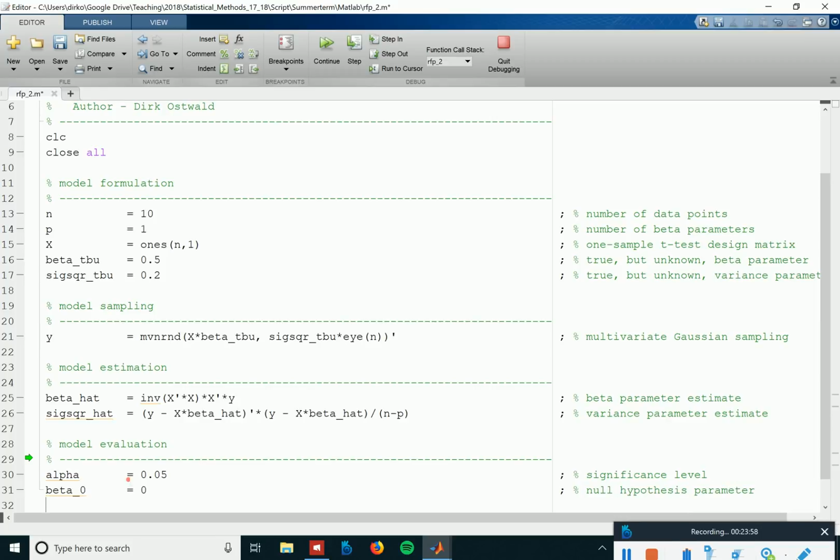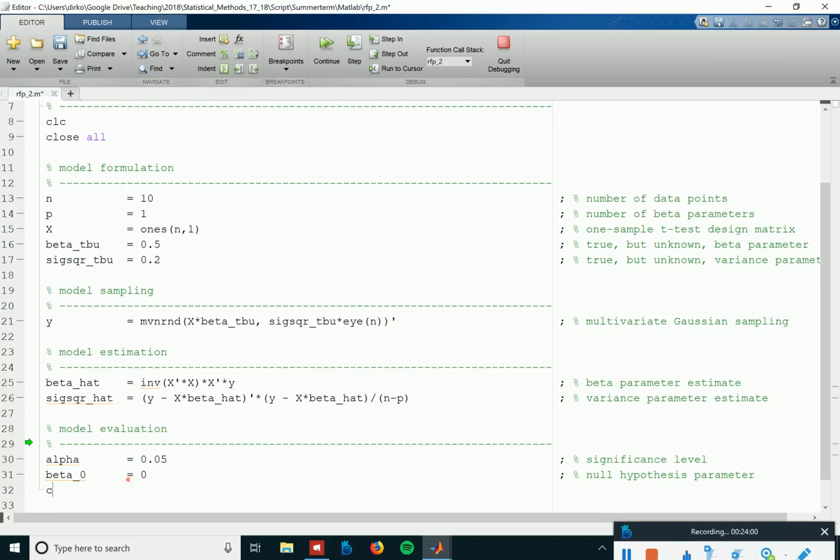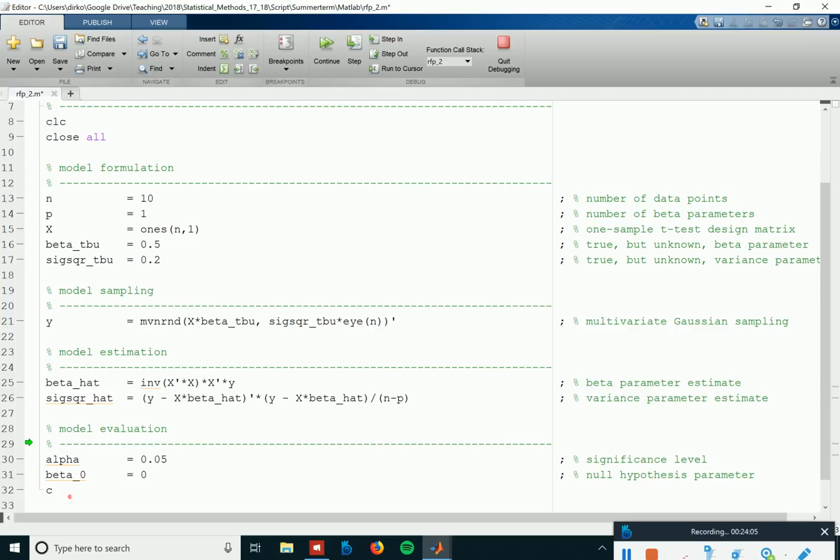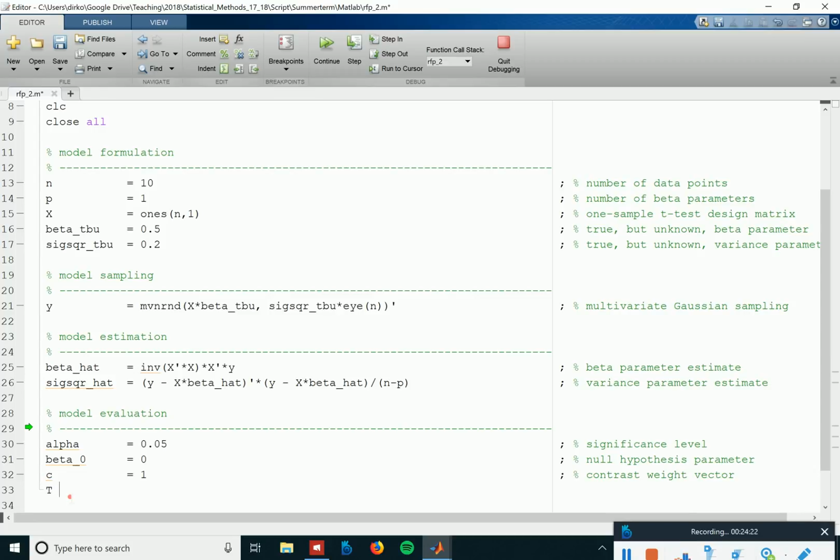And what else? Just to make it in line with what you do at the second level in fMRI data analysis, we can define a contrast weight vector. But again, this basically doesn't do anything more than what you said. Then we can compute our observed t-value by doing what you said.